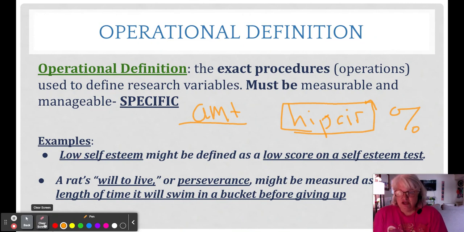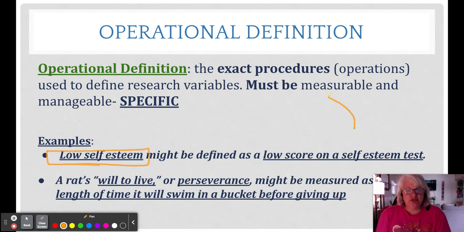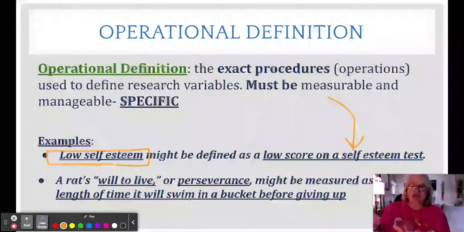So if you look at this one here, we talked about low self-esteem. Maybe there's a test you can take, and we look at how the person scored on that test after taking medicine or not taking medicine. In the one about the rat, where we said if they didn't get sleep, they would have a less of a drive to live.